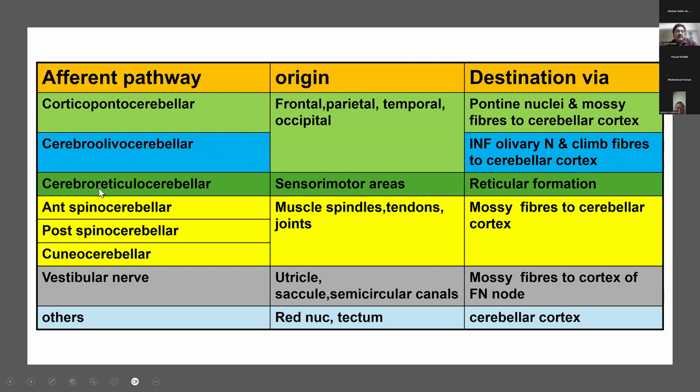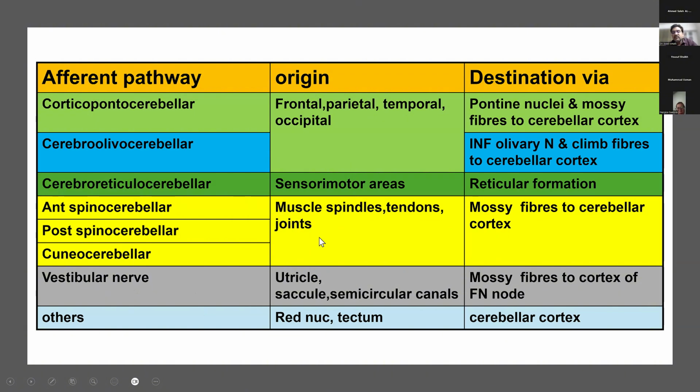Now the third one is the cerebro-reticulocerebellar pathway. It is originating from the sensory motor areas, and it is ending up in the reticular formation. The anterior spinocerebellar, posterior spinocerebellar, and cuneocerebellar tracts arise from the spinal cord, from the muscle spindles, tendons, and joints, and they end up in the mossy fibers to the cerebellar cortex.